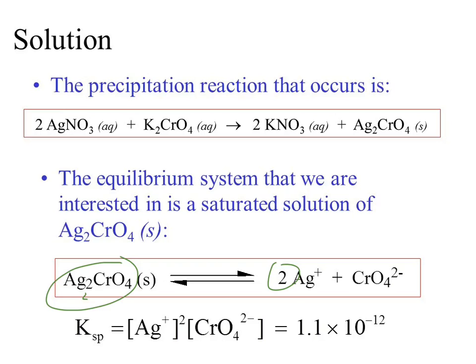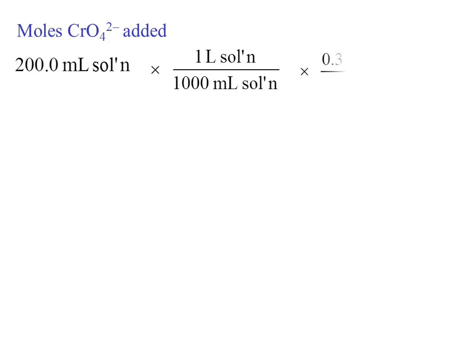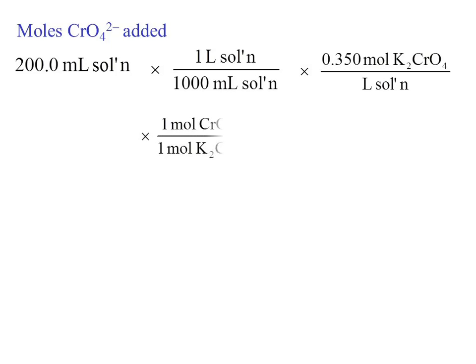So here we go. We need the molar concentrations of the silver and the chromate. And actually we're going to break it down like this. The moles of chromate added in the 200 mils, given that molarity, is this. Okay, so the moles of chromate was 0.0700 moles.